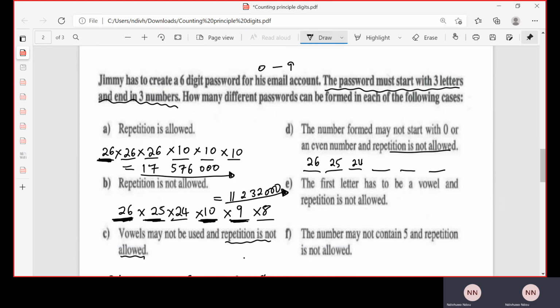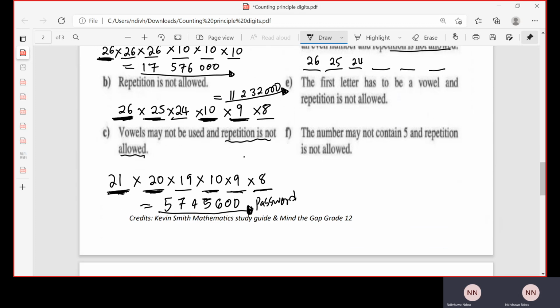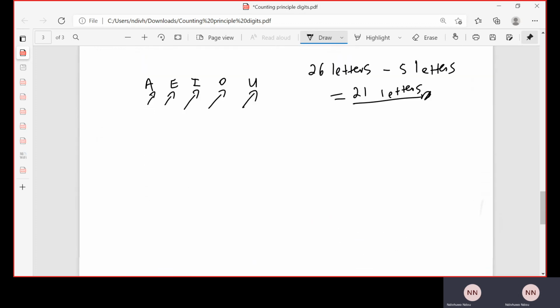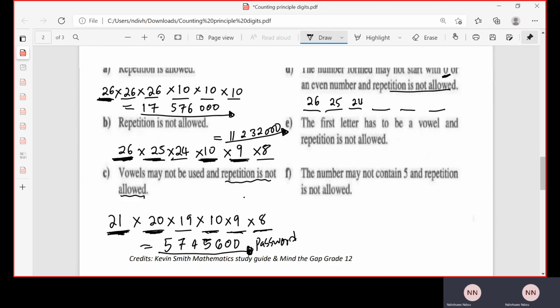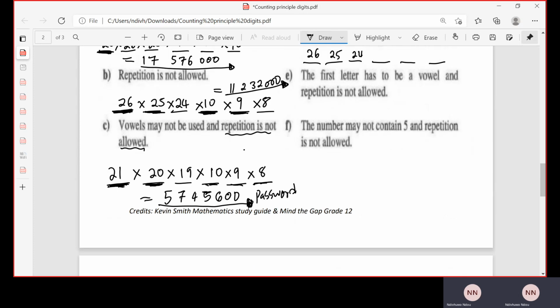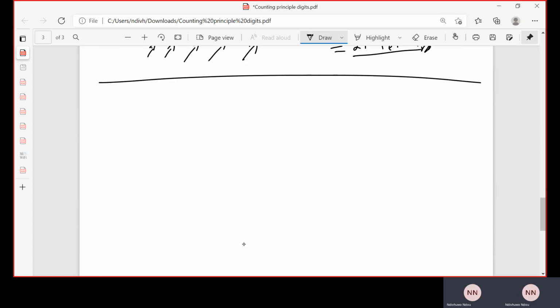Now let's go to digits. They're saying the number formed might not start with 0 or an even number, and repetition is not allowed. It's quite tricky, but you'll see. It's simple, by the way. We have digits 0, 1, 2, 3, 4, 5, 6, 7, 8, 9.